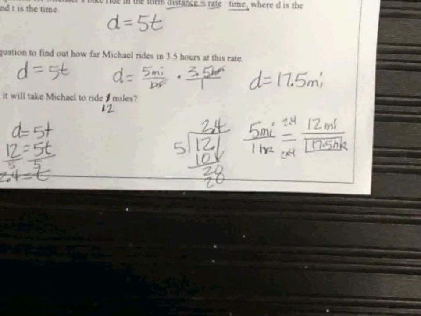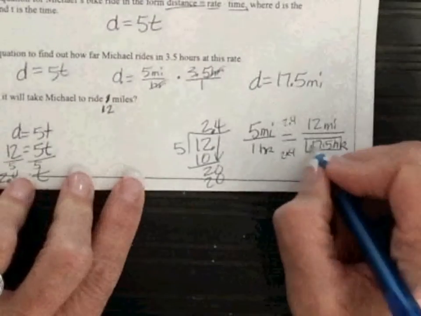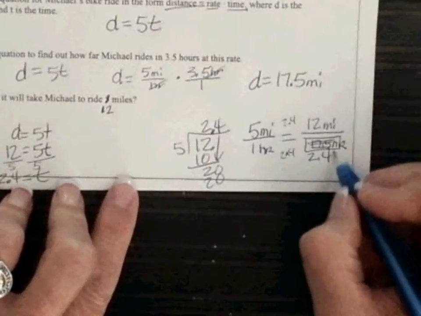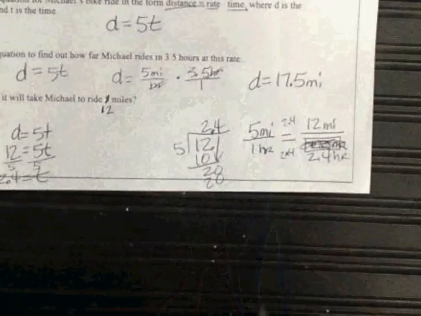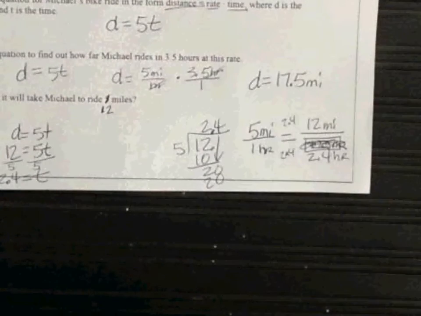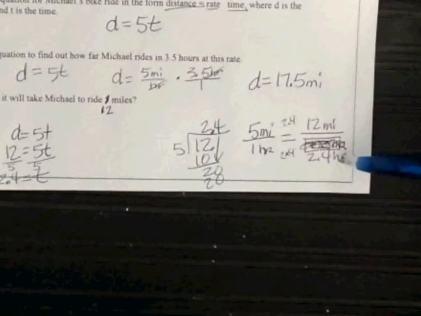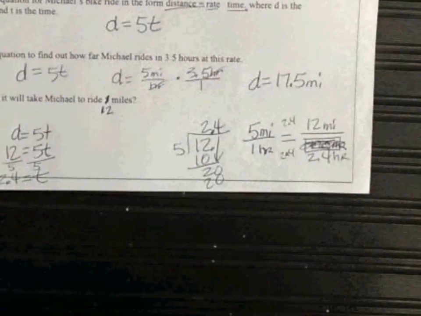Yeah, it is. I am looking at that one, sorry. Thank you for catching that. This is 2.4. I wrote that right, but then when I wrote it over here, I was looking at this, I was recording it. Yes, I made a mistake. Guys, I'm not perfect. Thank you for catching that for me. Yes, I'm going to leave it on there. I make mistakes too.